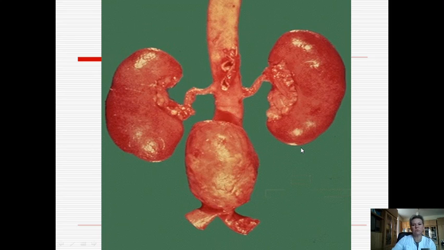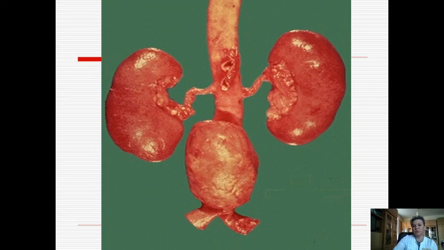As a result, what can we see? Which complication? Thromboembolism in the mesenterial arteries, and gangrene; in the renal arteries, necrosis in the kidneys; and gangrene of the lower extremities.